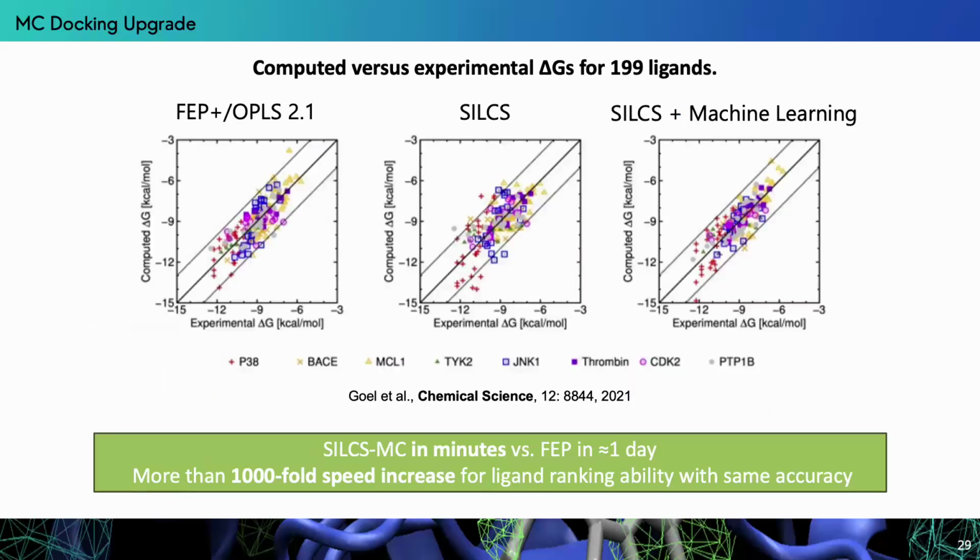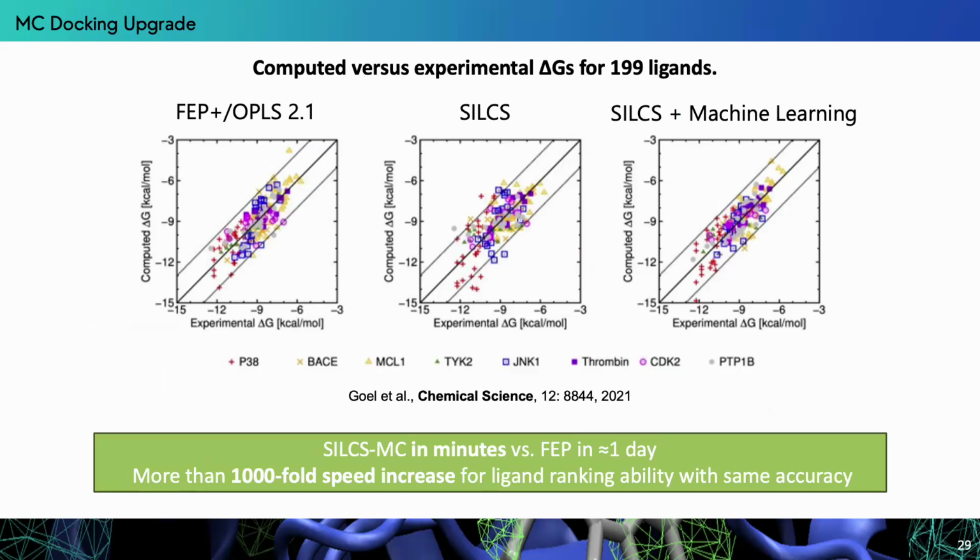Again, the SILCS methodology produces free energies with FEP-level accuracy with more than 1,000-fold speed increase for ligand ranking ability. It only takes minutes for each ligand in SILCS-MC versus about 1 day for FEP.